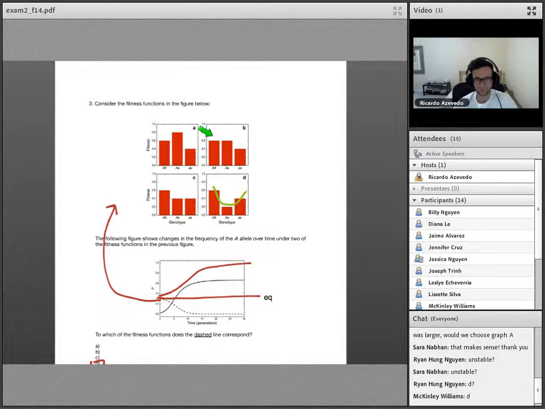Which one is that? So in the case of B, when it's dominant, how is it going to look? Anyone? So any suggestion?